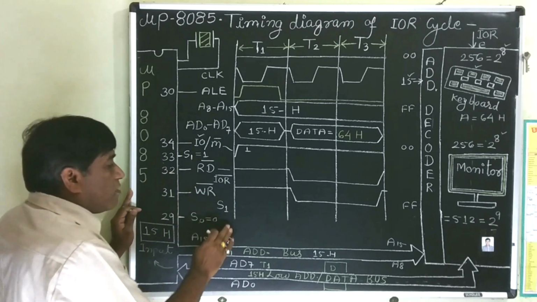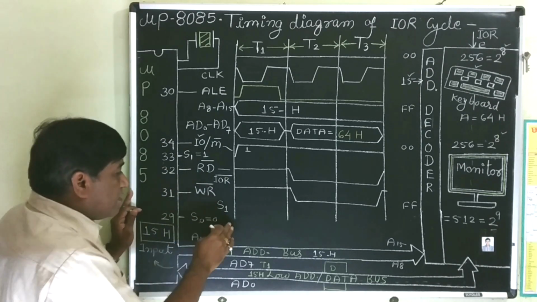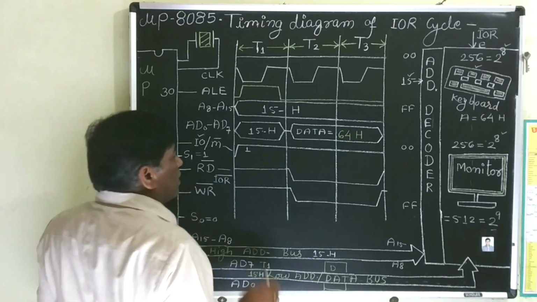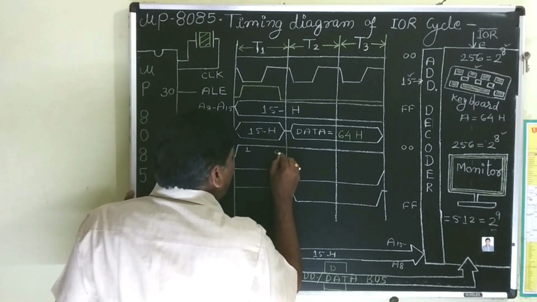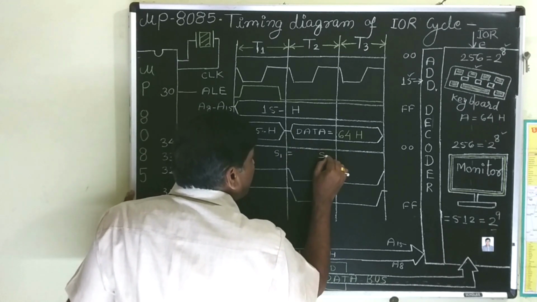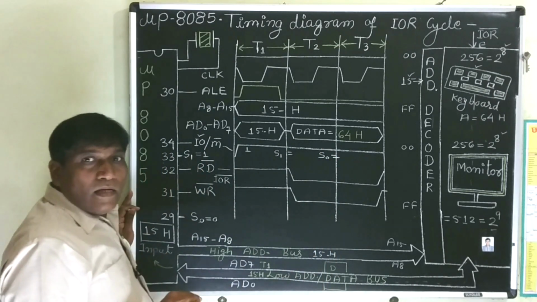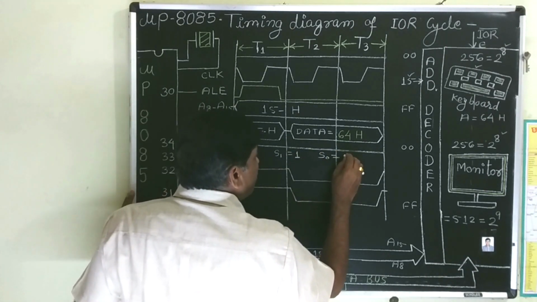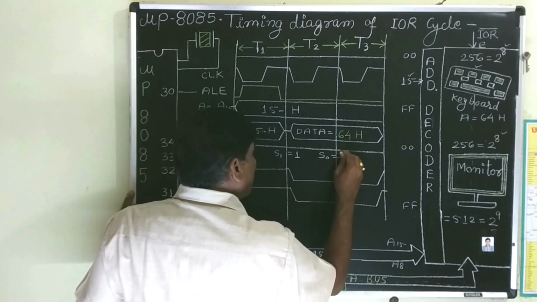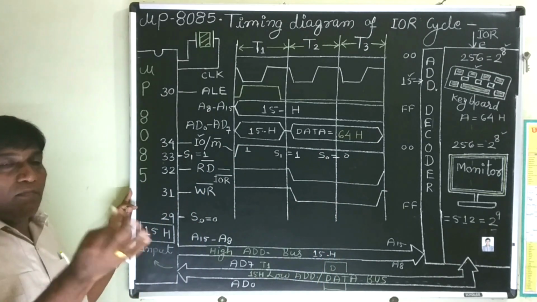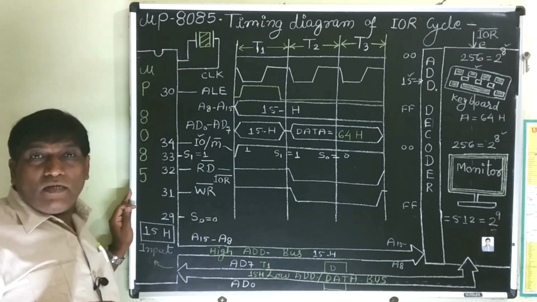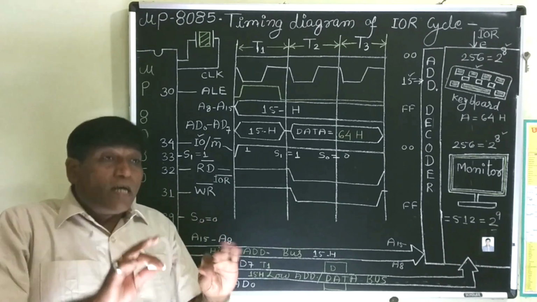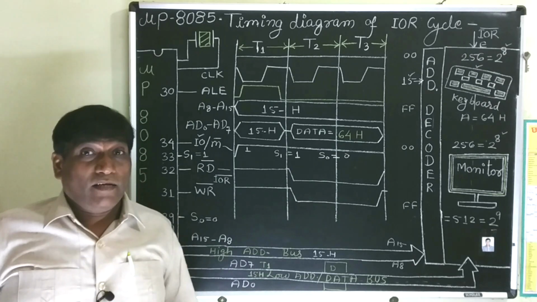Sometimes we are not drawing these waveforms, but in different books the status of S1 and S0 is written. So S1 status will be 1, S0 will be 0, because it is a reading operation. Reading operation है तो read के पास में जो status है that will be 1 होगा. और read बार क्या होगा? read बार 0 होगा, क्योंकि वो activated low होता है.